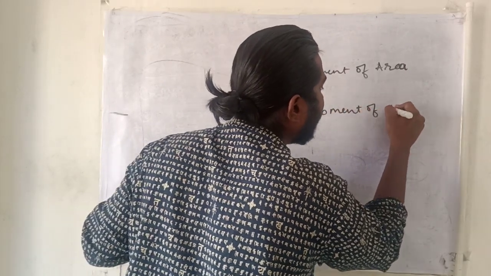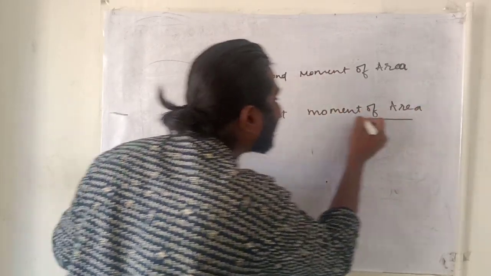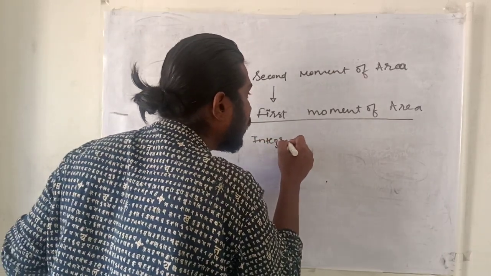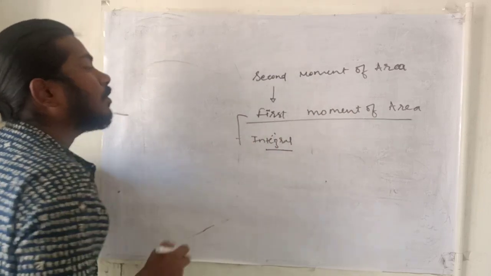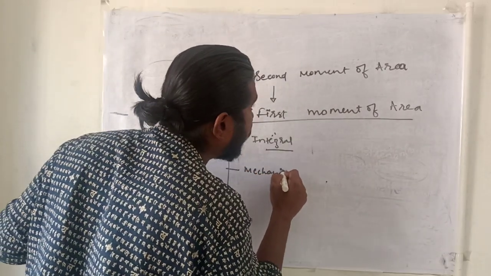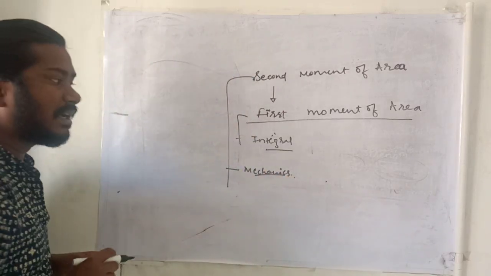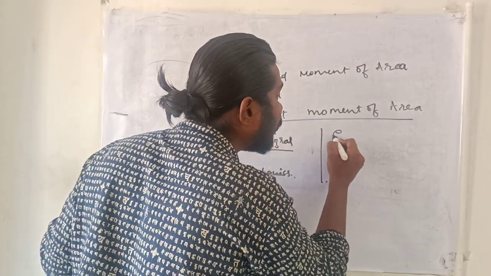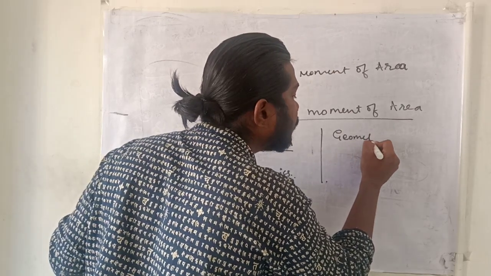In basic integral mathematics, you must have studied the first moment of area. In your classical mechanics, you must have studied the second moment of area. These are basically a geometrical interpretation of an object.